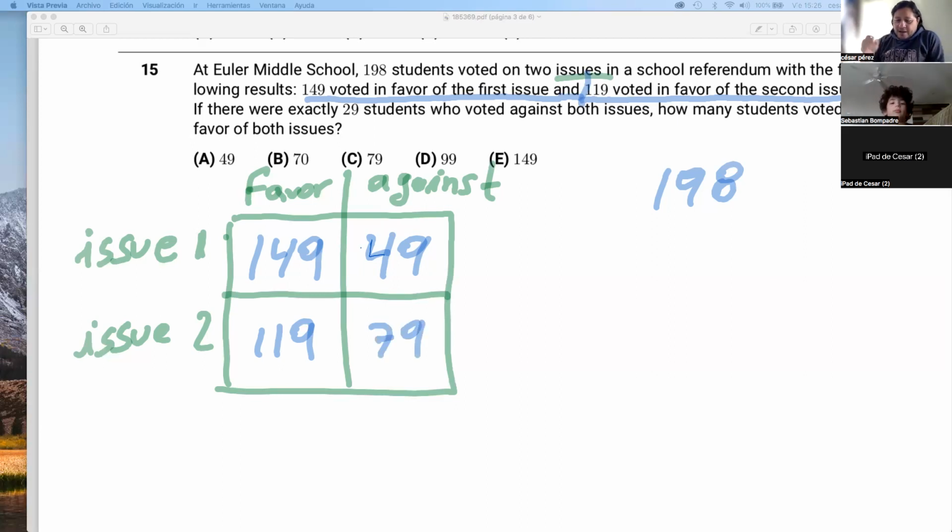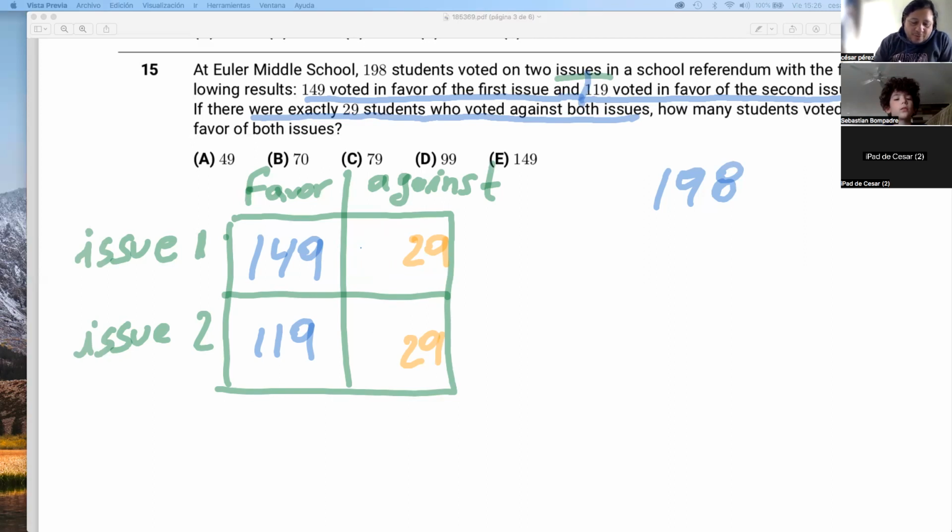Okay, and then here it says if there were exactly 29 students who vote against both issues, we will write this way. There are 29 students that voted against both.